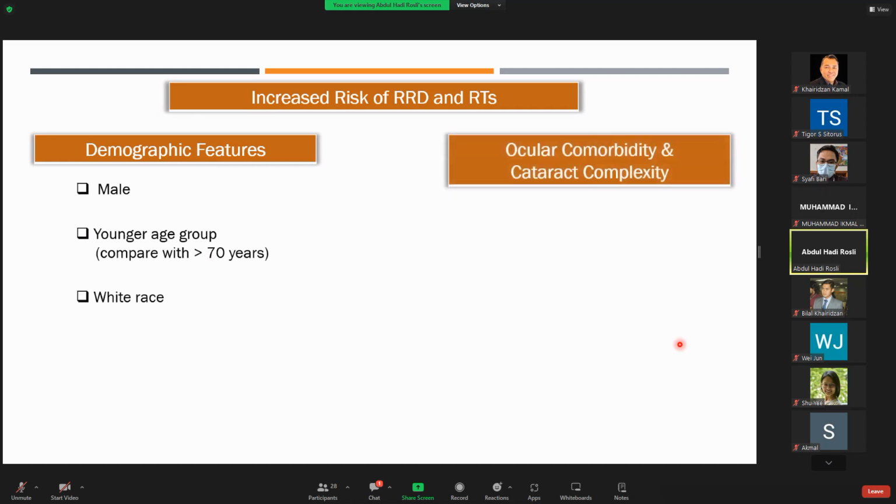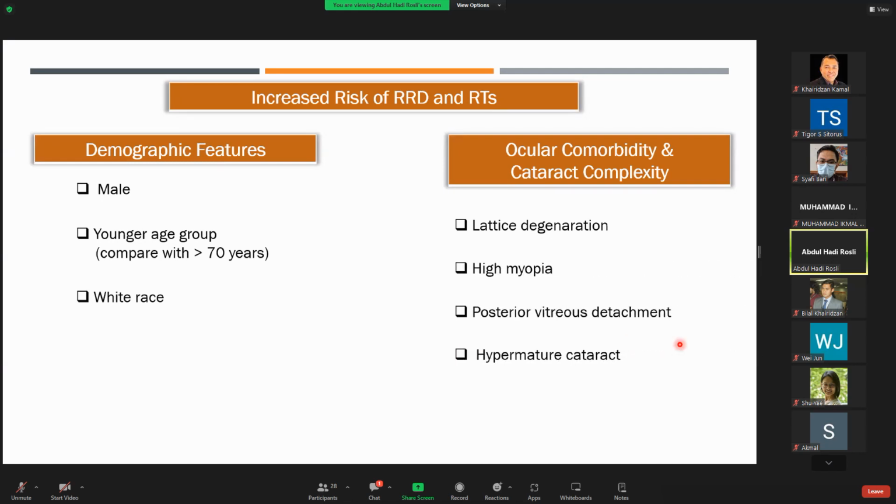Then for ocular comorbidity and cataract complexity, the risks include lattice degeneration, high myopia, PVD, hypermature cataract, and the presence of complex cataract surgery. I mean, the presence of intraoperative complications and the need for extra procedures during the surgery.